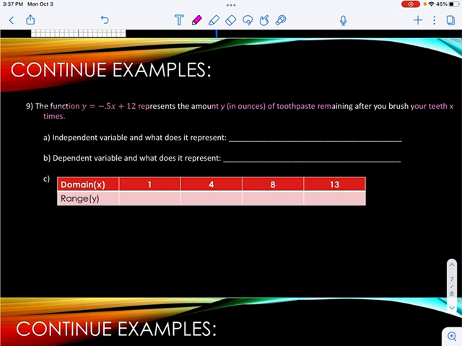Or does brushing your teeth cause you to lose more toothpaste in the tube? The answer would be the second one. So the independent variable would be the x, which is the number of times you're brushing your teeth. The dependent would then be your y, which is the ounces of toothpaste left.